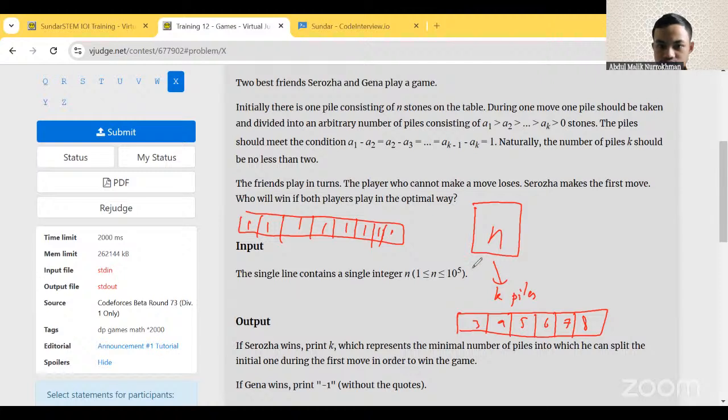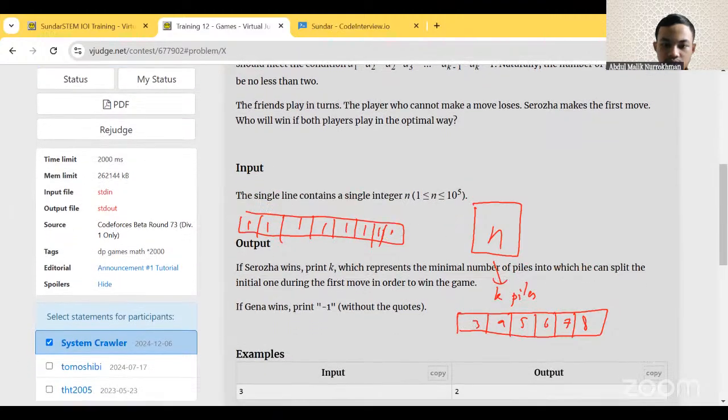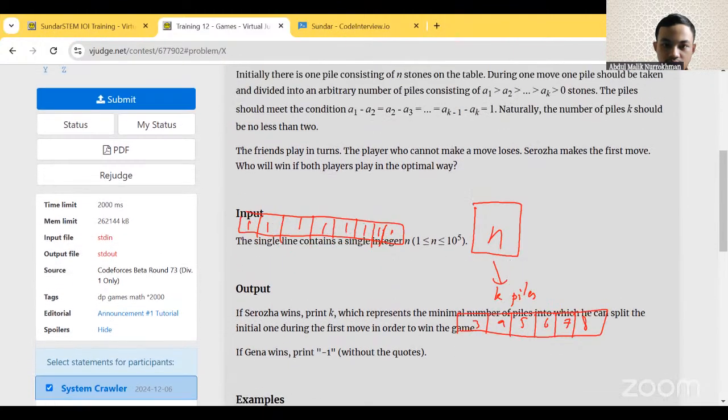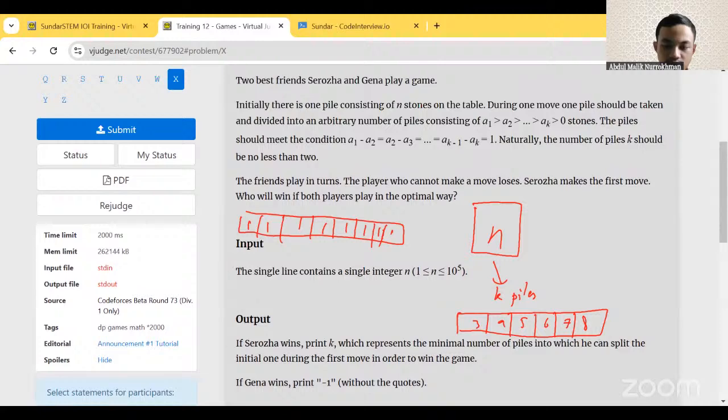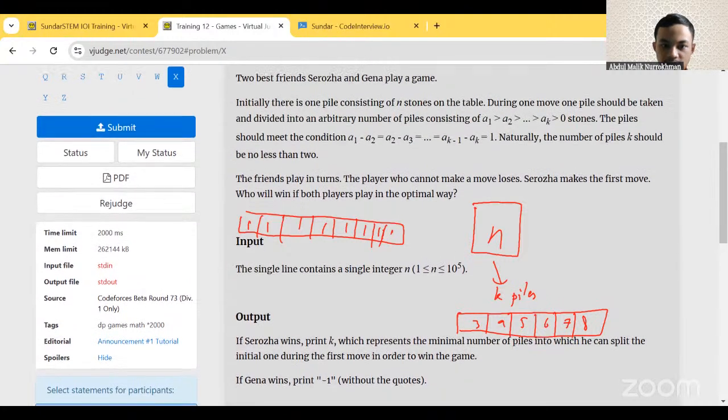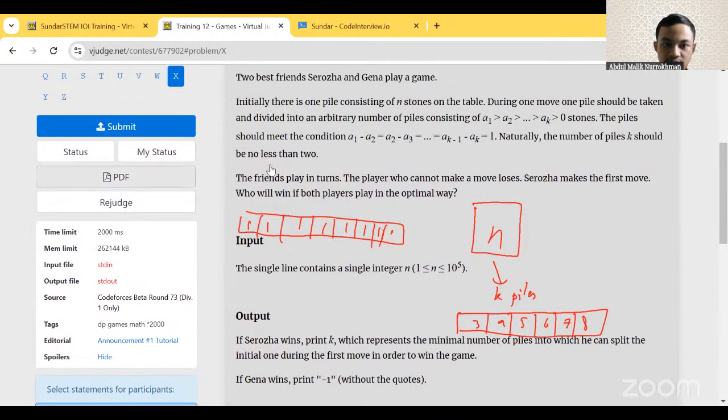Then for this problem, we just want to know the first move for the first player. What should the first player do in order to win the game in the first turn?